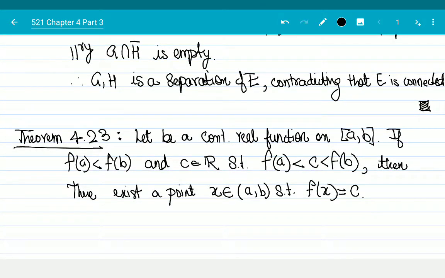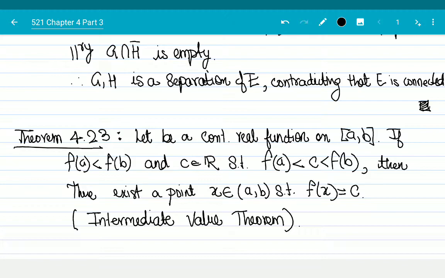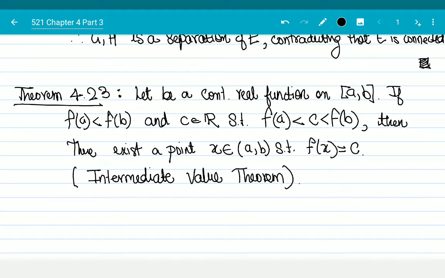If you do not recall this theorem, it is called the intermediate value theorem. There are two theorems with names that you might have studied in calculus 1, 2, 3, whatever: the mean value theorem and the intermediate value theorem.